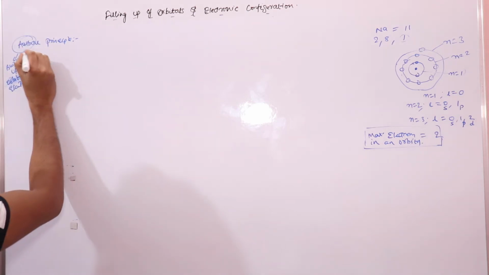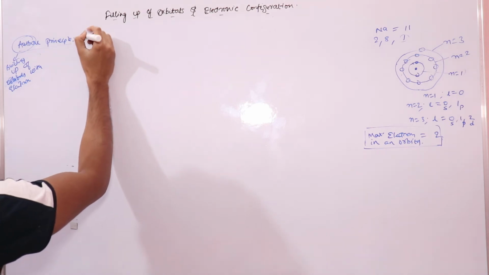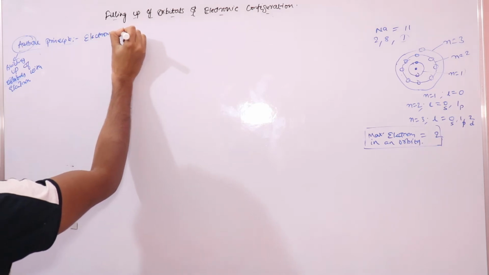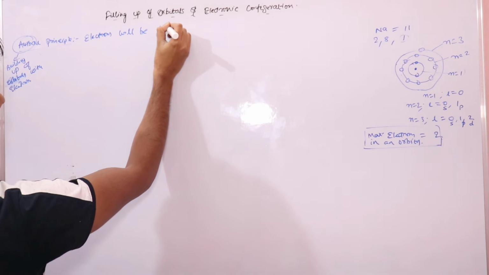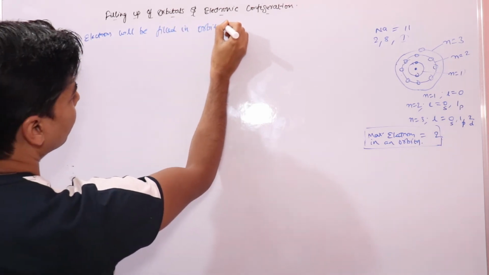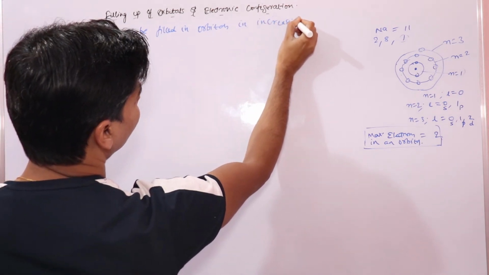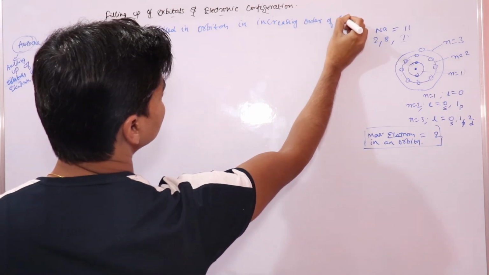And what this principle tells you is that electrons will be filled in orbitals in increasing order of their energies.